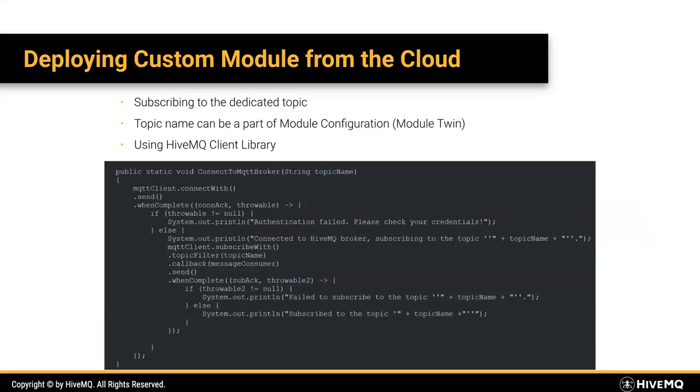Any message received on this topic will trigger the method in my module where I can process it and do something with it. I think in this case I just print it to the output, but of course, since we are talking about a Java application, you can have all kinds of different options and have your custom code that will process this message before it reaches the cloud. Next one.